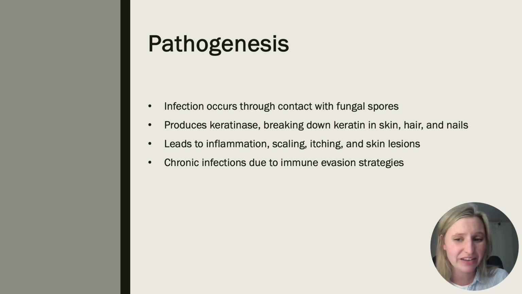Scratching the infected area can spread the fungal spores to other parts of the body. Contaminated objects like towels, shoes, and gym equipment serve as reservoirs for reinfection. So this process explains how T. rubrum and T. mentagrophytes cause ringworm, athlete's foot, and other dermatophyte infections.